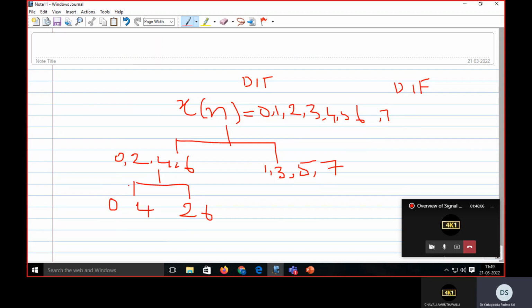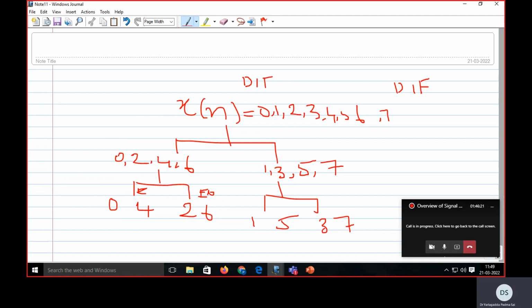This is even, this is odd, and once again it is 1, 5, this is 3, 7. Similarly, if you go further, this is 0, 4.